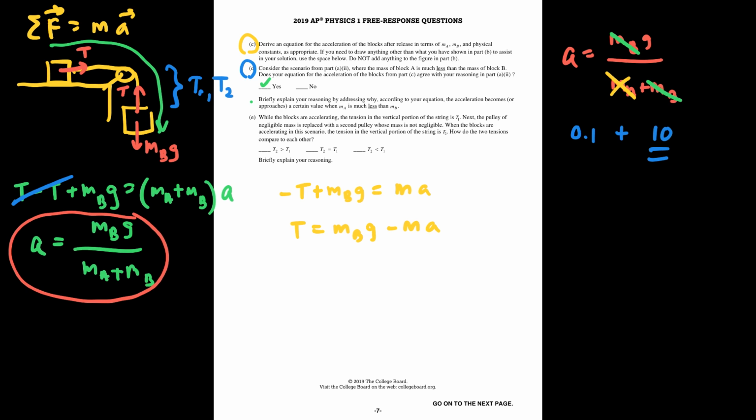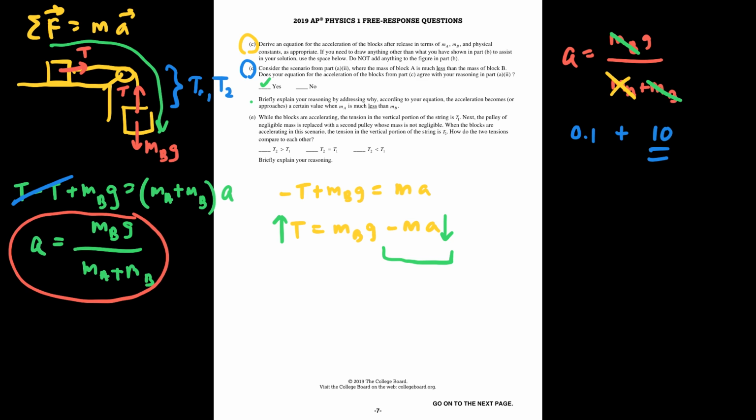I think that if I attach a pulley that's harder to rotate, whose mass is not negligible, it's not easy for that pulley to rotate, and that is going to cause the acceleration of the system to go down. If the acceleration decreases, then in this equation I would be subtracting a smaller number, which means that the tension is increasing.